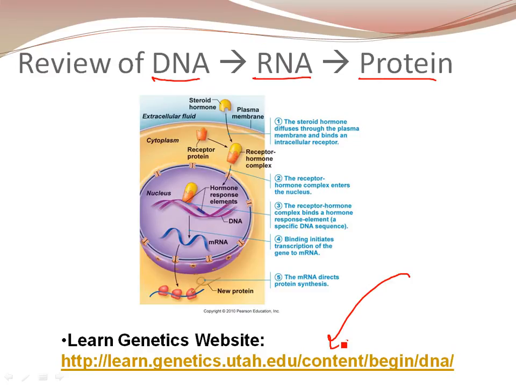It's very understandable, and it may help you put some of this kind of abstract information together, and how you go from what is a gene on DNA to a cell making a particular type of protein. Don't spend a lot of time stressing out over those particular details, but if you do want a refresher and you want to understand some more about it, this Learn Genetics website is excellent for that.